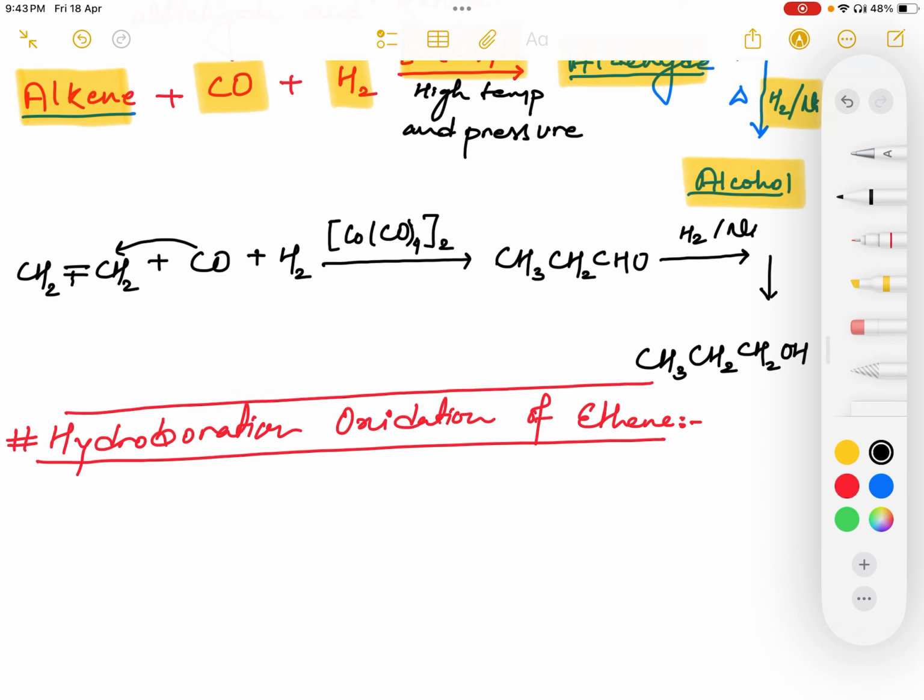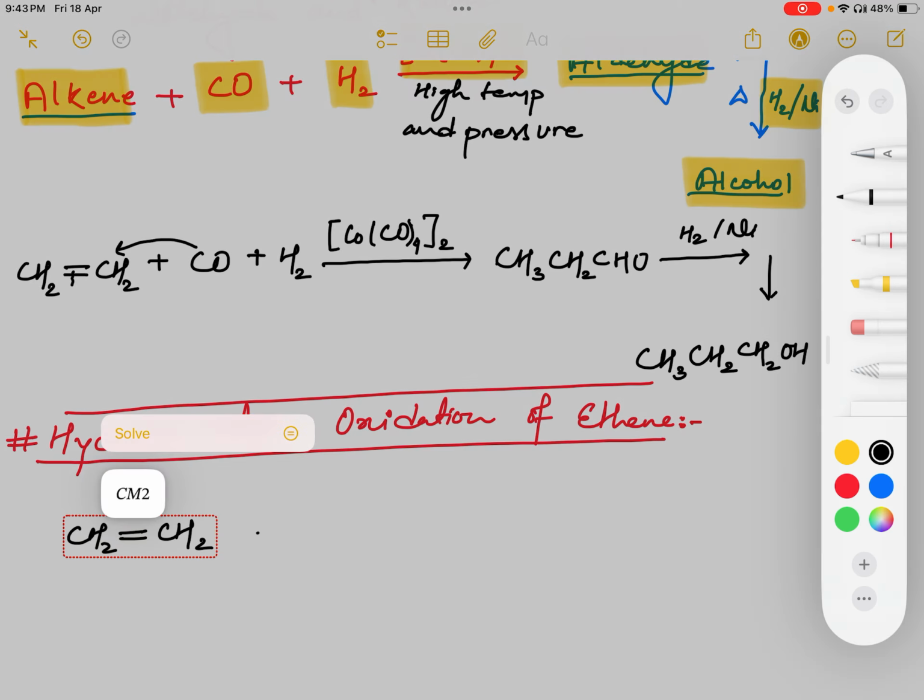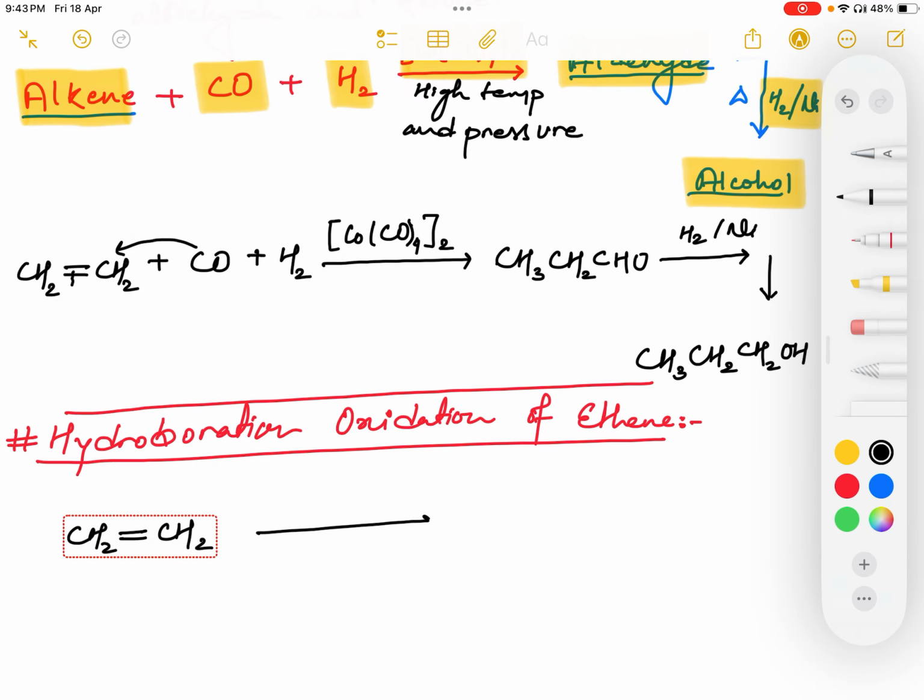So what we basically need is ethene, that is CH2 double bond CH2. Okay. And we need to treat it with diborane. Diborane is (BH3) whole 2 group.